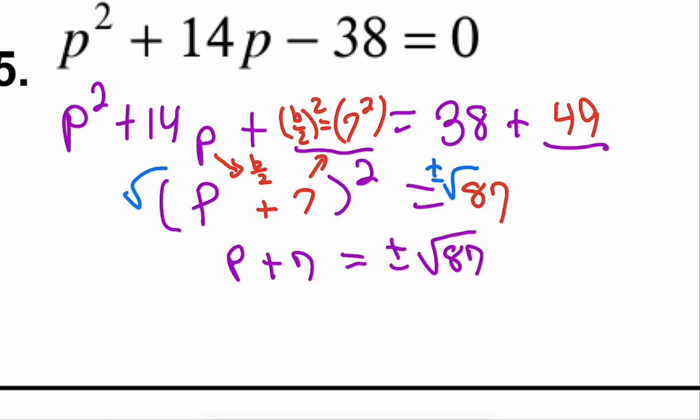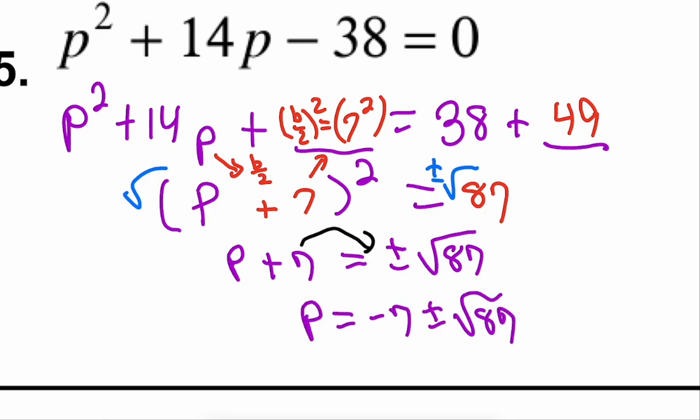Now 87 is 3 times 29. Both of those numbers are not perfect squares that can help us. So just leave it alone. And then tuck the 7 in front of the plus or minus symbol. Change its sign when it goes over, because we're going to subtract 7 from both sides. And so we get negative 7 plus or minus the square root of 87.